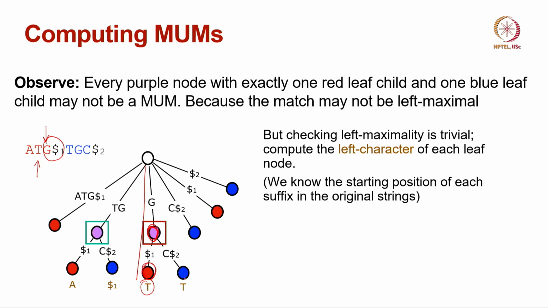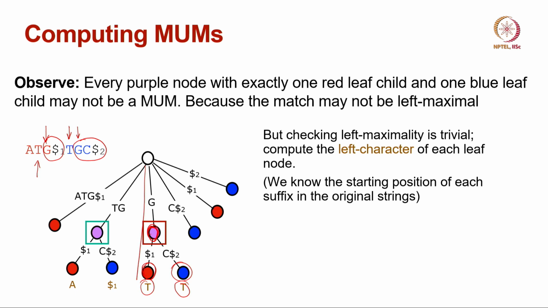Similarly, I can check the left character of this leaf node as well. This is the $2 suffix. We know that this suffix starts here. I can move one character left in the text, recover the left character, and save it here, that is, the immediate left character before this suffix.